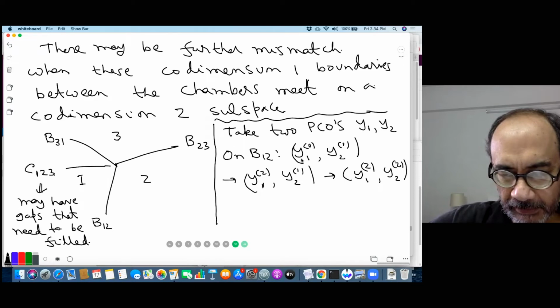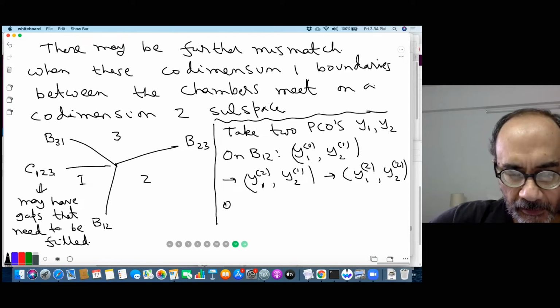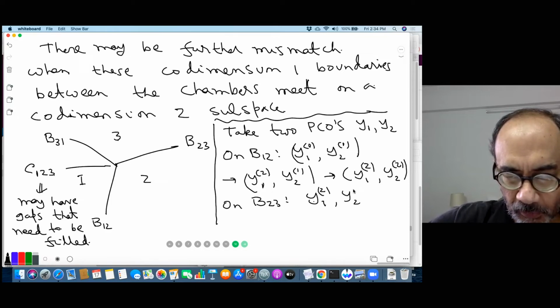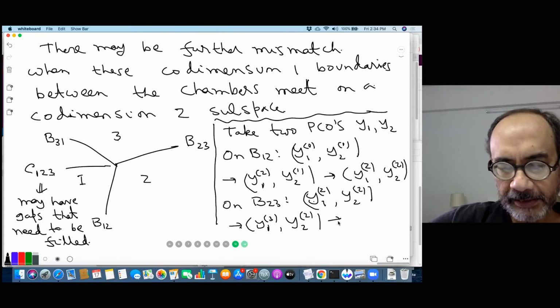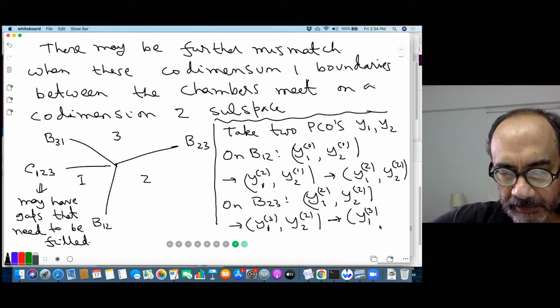So here Y1 is moving, here Y2 is moving. On B23, we start with Y12 and Y22. You first move this one, so Y13, Y22. And then you move the second one, Y13, Y23.